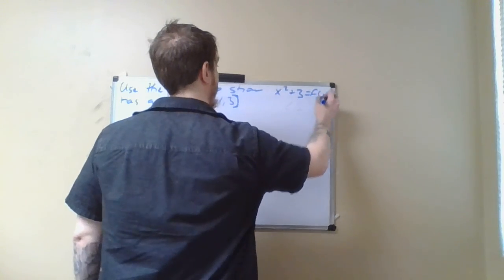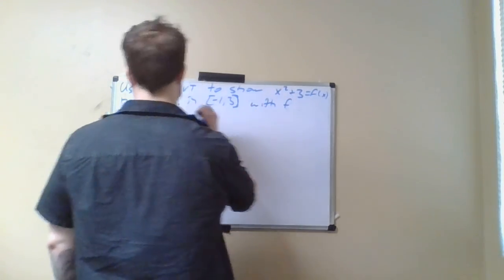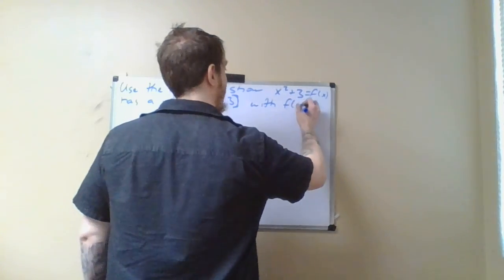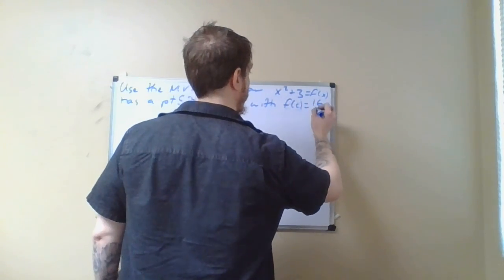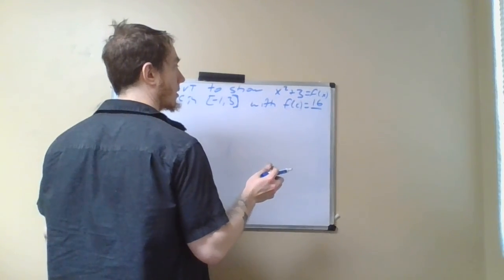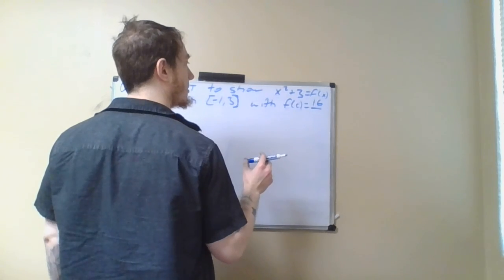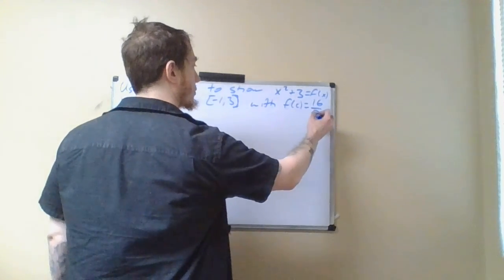Let me name this f of x. It has a point C with f of C equal to 16 over, crap, what did this come out to be? Now I don't remember off the top of my head. 16 over 3?